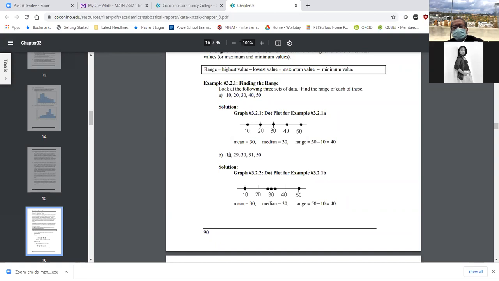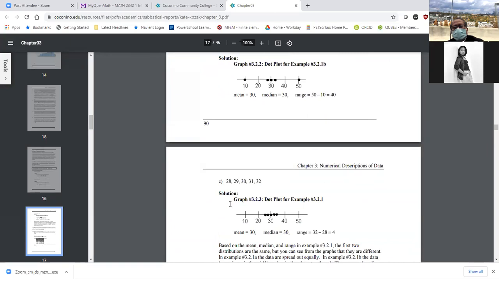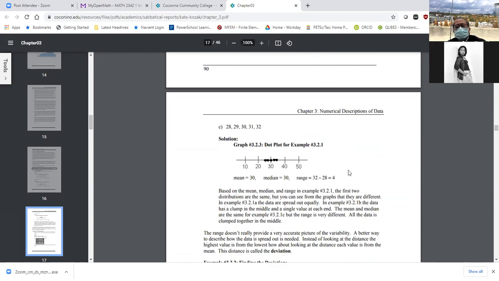Even though it's different data, the minimum and the maximum are the same, right? Okay. So the range will be the same. What about this? The minimum is 28, the maximum is 32, right? So the range will be 32 subtract 28. This one is using the dot plot, they call it. So for example, 30 represents this one here, and 31 is this one, 32 this one, and this one is 29, this is 28. Okay?